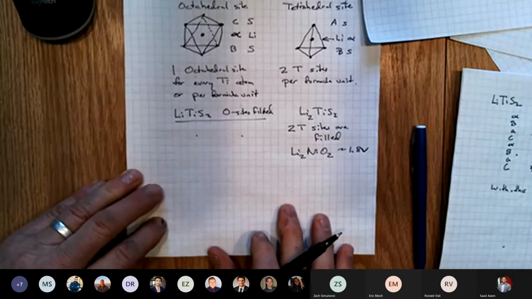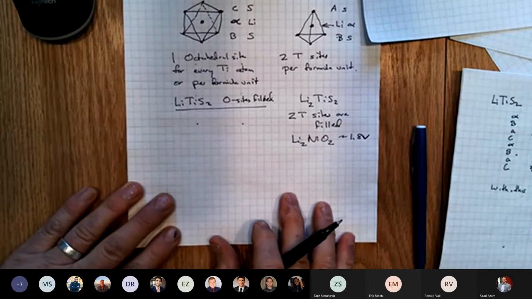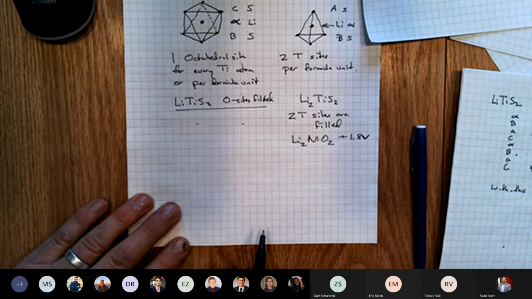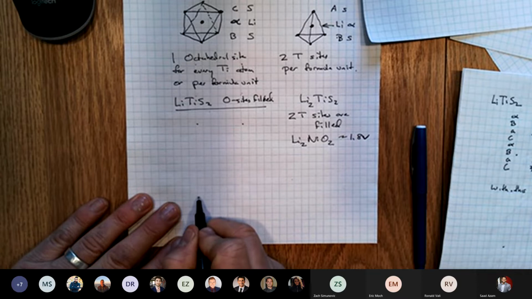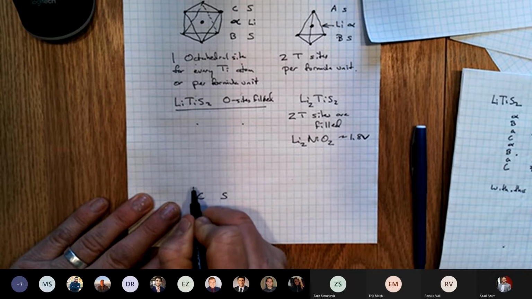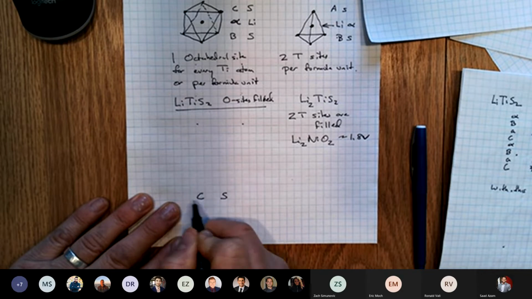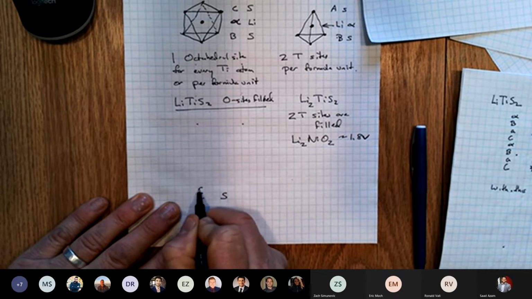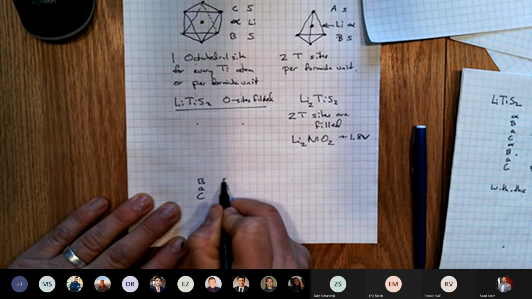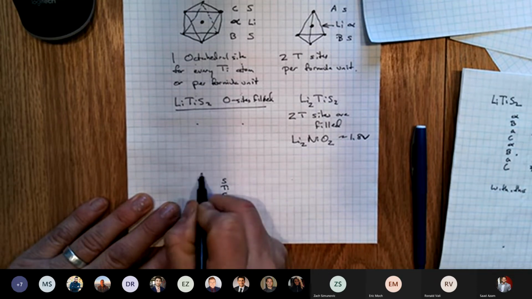So if you wanted to write down the structure of lithium TiS2 in the notation of hexagonal close packed planes, you would write it like this. You could start with a sulfur atom, and then you'd have a titanium. So you might go C, A, B, and then the lithium is on the alpha site.